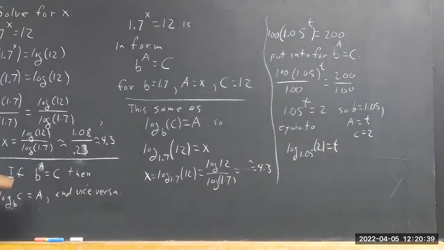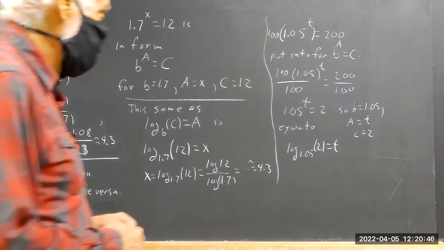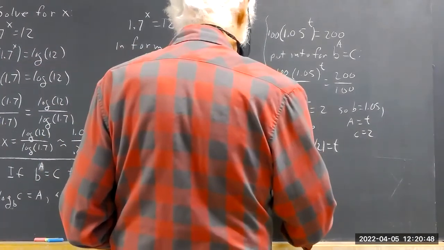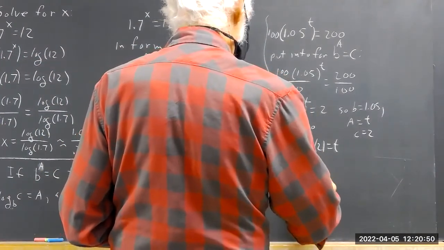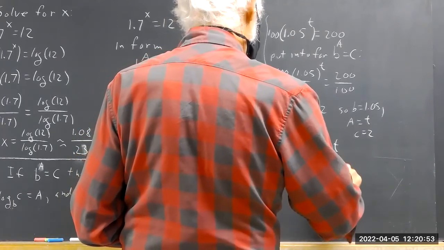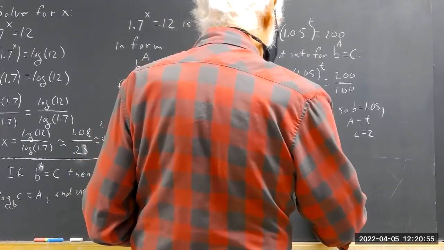Just plugging those into this second form, which you get used to. So t is log base 1.05 of 2.